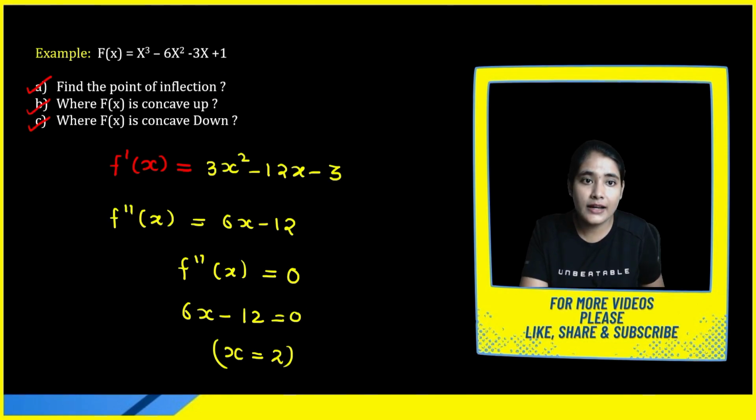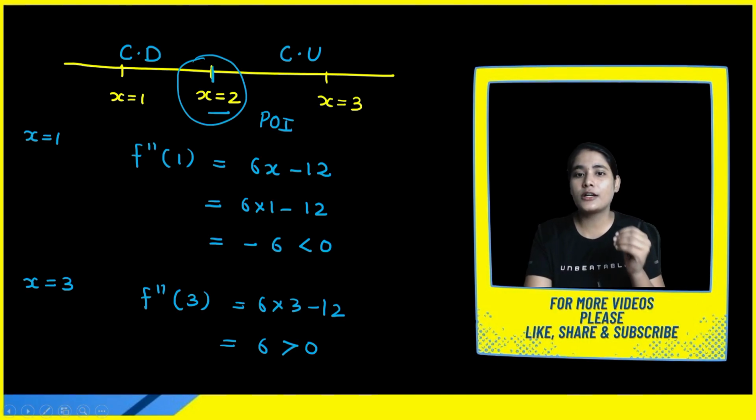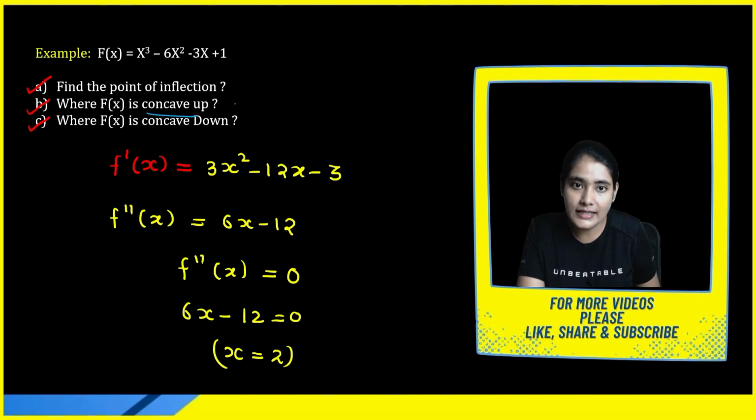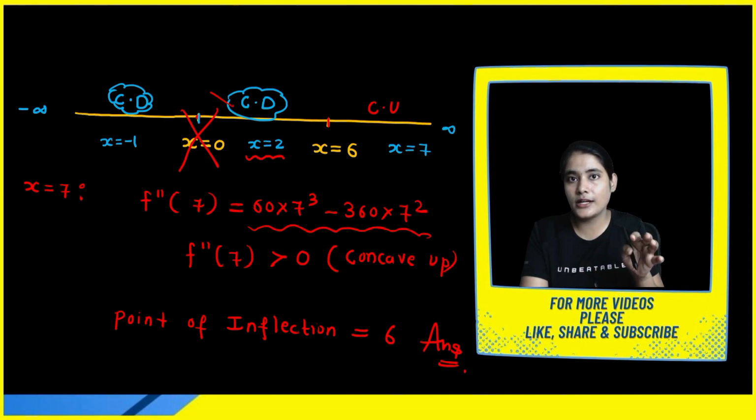Okay, now where f(x) is concave up, try to understand. f(x) is concave up from 2 up to infinity, because after x is equal to 2, whatever point you consider, at each point you are going to get concave up. And concave down we are getting from minus infinity, because this number line contains all the numbers from minus infinity to plus infinity.